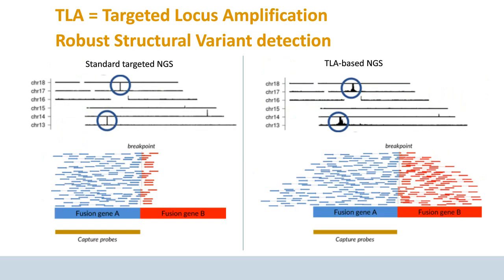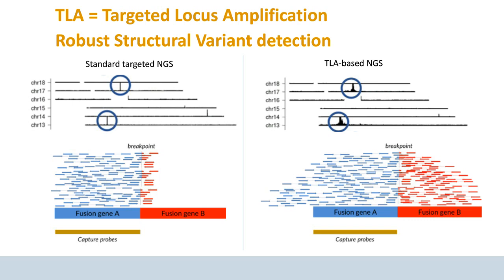If we look into some more detail, on the left we have our approach, which is capture NGS, with the capture probe at the bottom in yellowish brownish. For the fusion gene, you don't read very deep, like about 100 bases into your fusion gene.